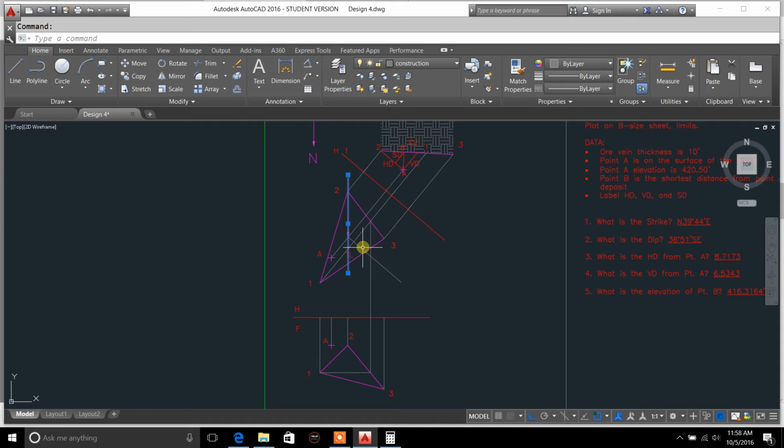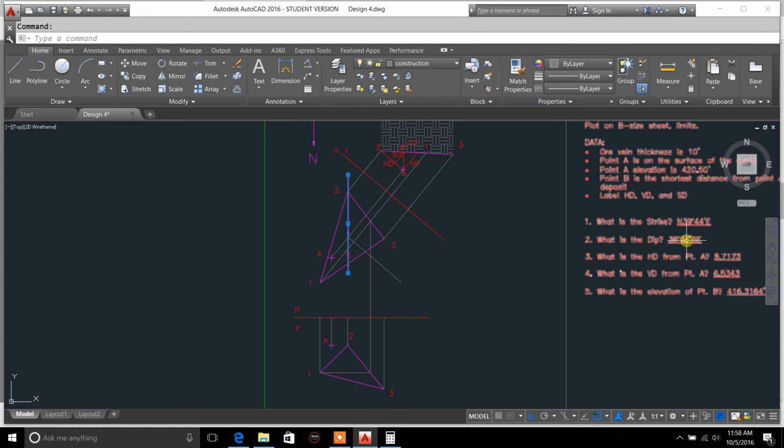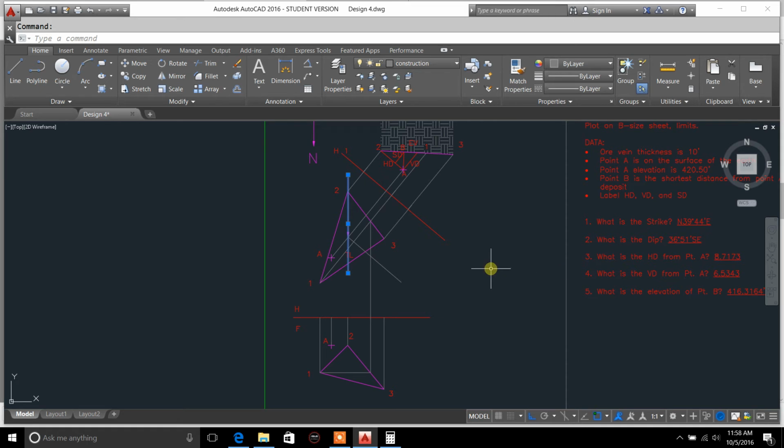If you were looking at a compass, you got north up here, south down here, east over here, and west over in this section. So our direction is southeast. So it's south and then east. That's how we got the dip direction on that.